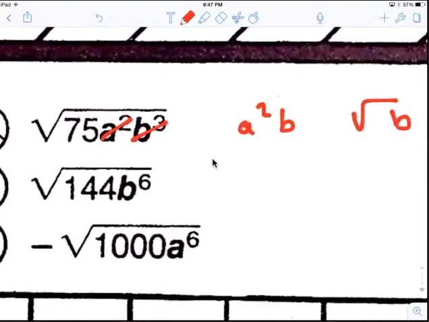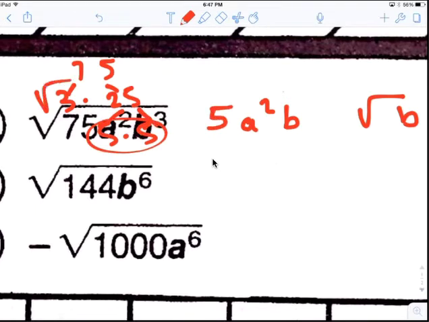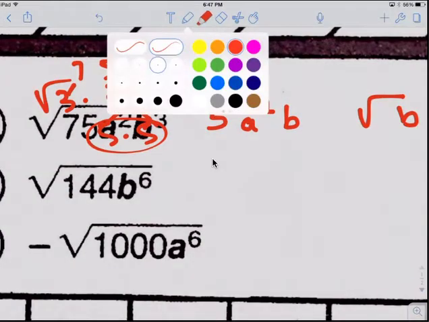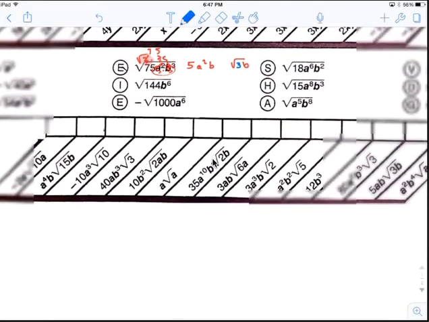And then 75, let's do 75. 3 times 25, right? And 5 and 5. So you get 25 here. 5 times 5. So 1 groups of 5, square root of 3. So this 3 goes inside here. So that's your answer. E.